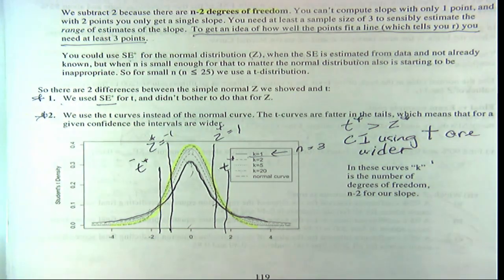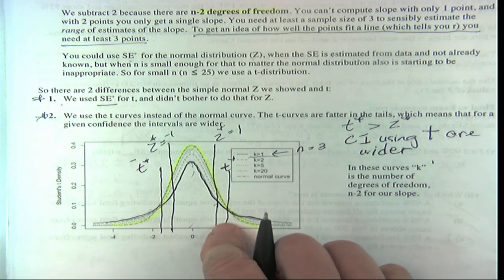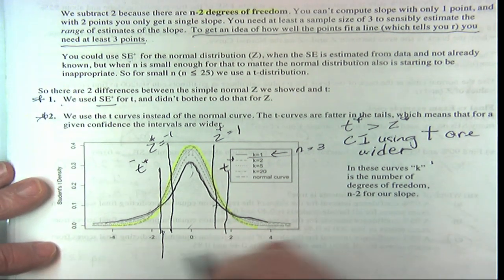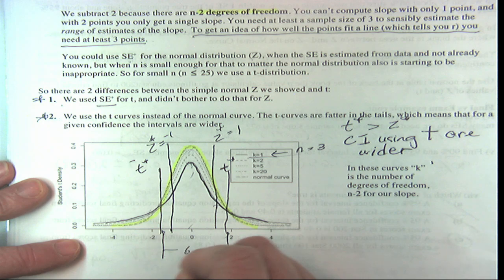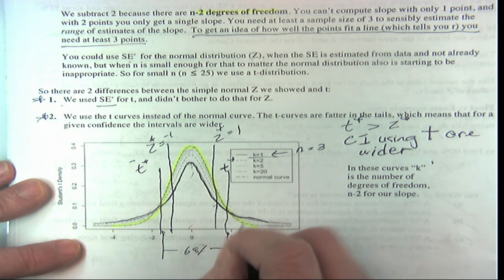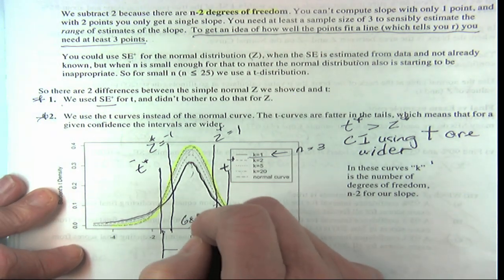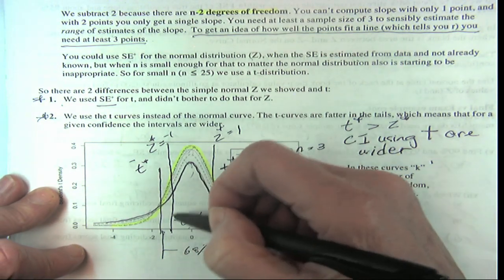All right, so let's do it, with the little time we have left. This is a super exaggerated picture, but you see why it has to be wider. To get 68% using the t, since it's shorter, you have to go out further than the 68% using the z.